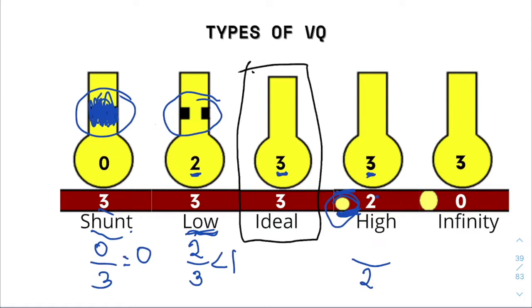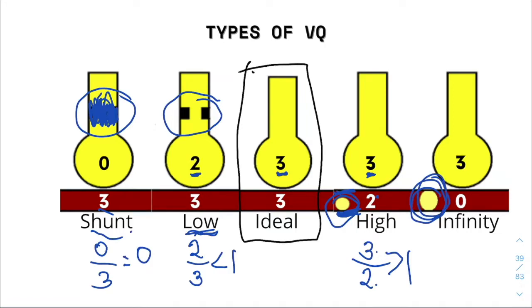Still, you receive 3 liters of air for gas exchange. So 3/2 is greater than 1. So you have a high VQ, or a VQ of greater than 1. So this exists when you have a low perfusion relative to its ventilation.